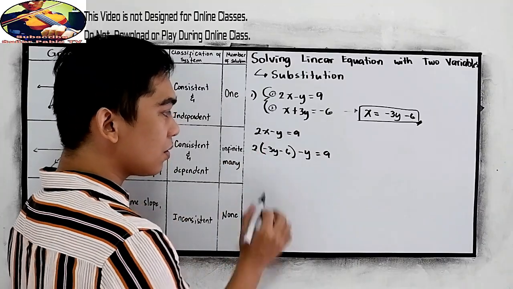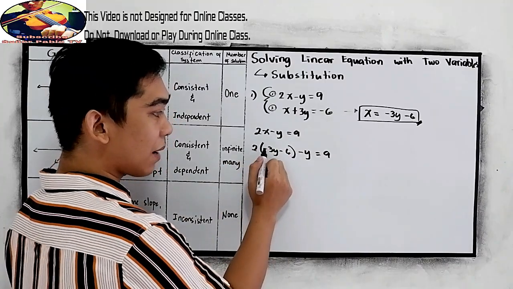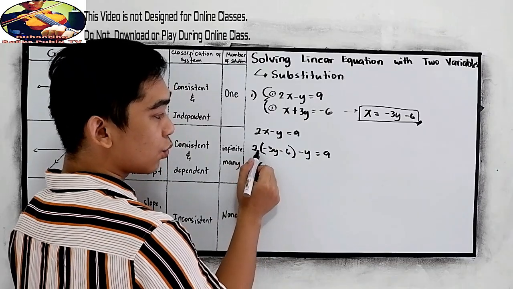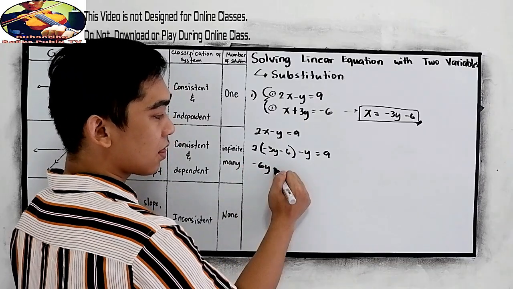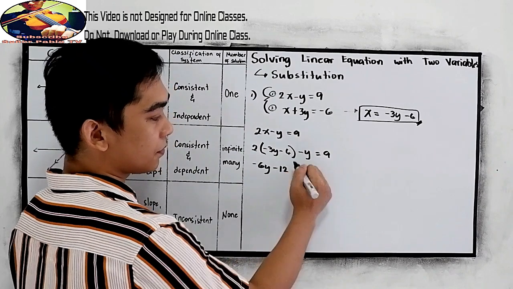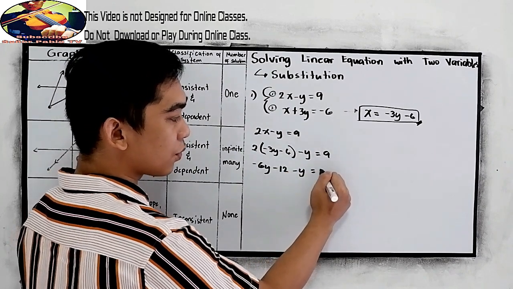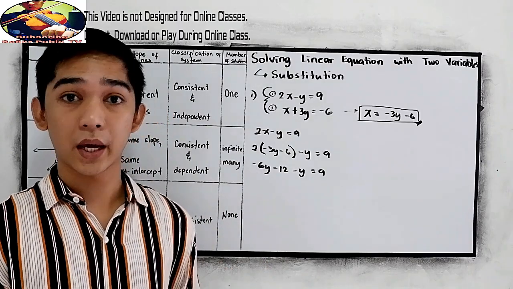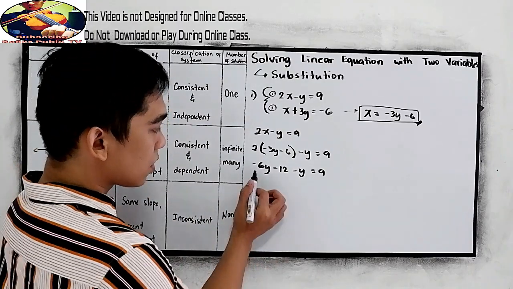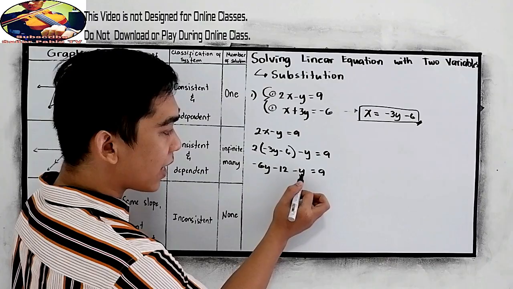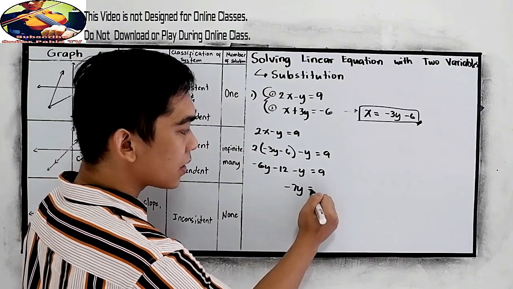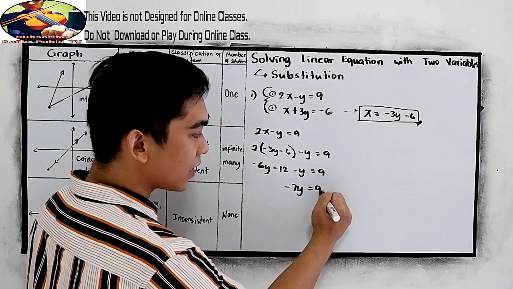Okay? Now, distribute. 2 times negative 3y is negative 6y. 2 times negative 6 is negative 12. Minus y is equal to 9. Now we are going to find the value for y. So negative 6y minus y is negative 7y, equal to 9.